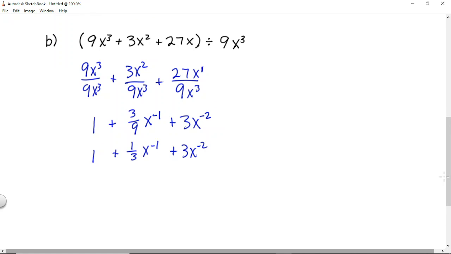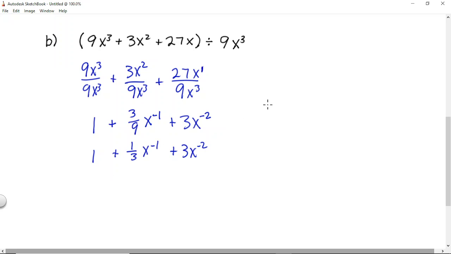The thing about this one is we have negative exponents here. And usually you want to write these without negative exponents. So we have one more step. To get rid of the negative exponent, remember, you put that variable in the denominator and make the exponent positive.